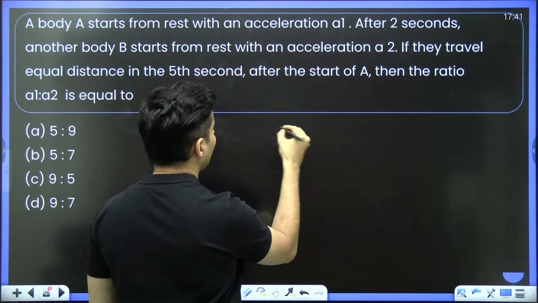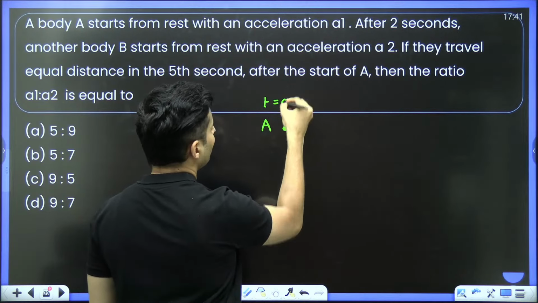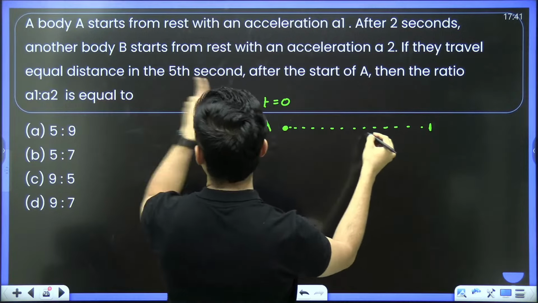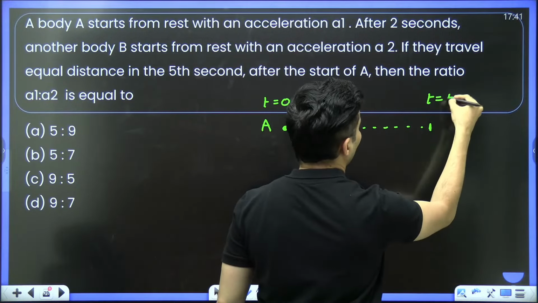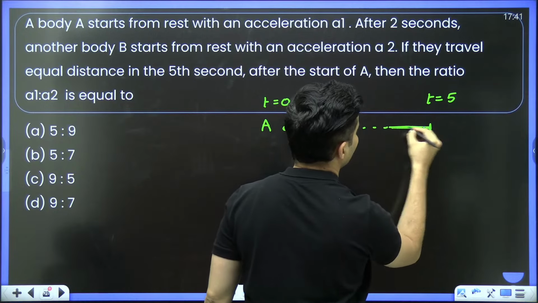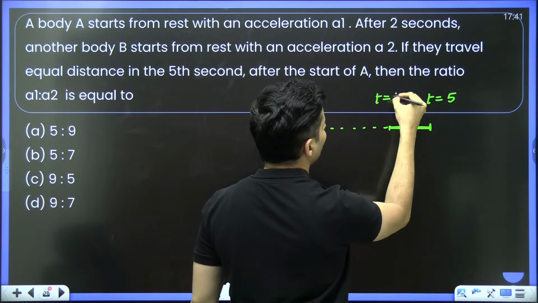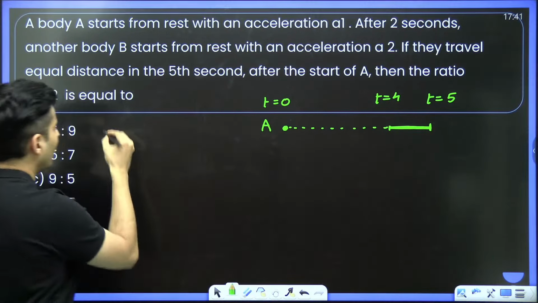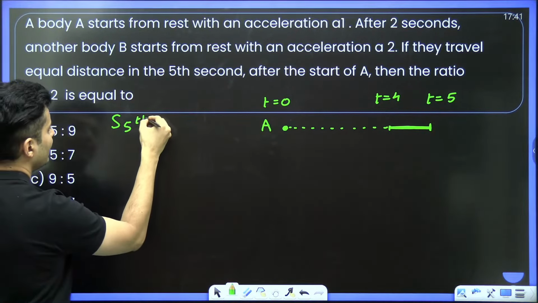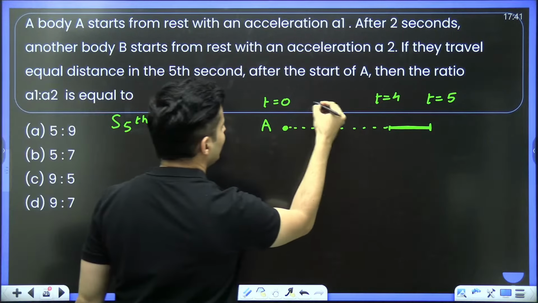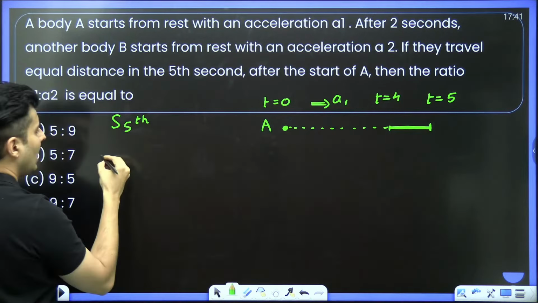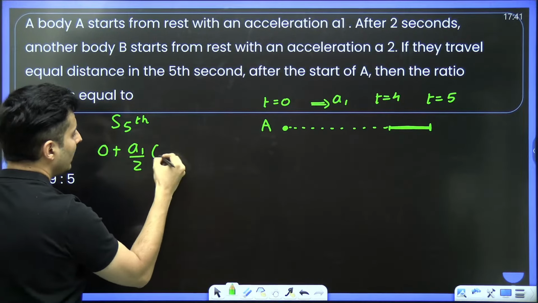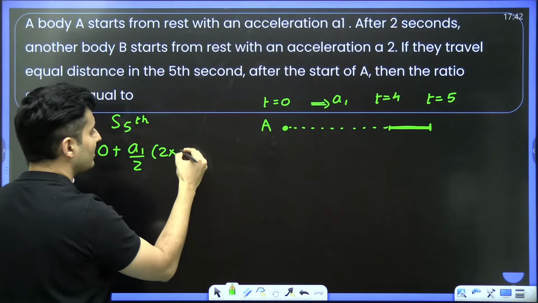When body number A starts, basically at t is equal to 0, it moves, and the question is in the 5th second. So this is t is equal to 5. So the 5th second is basically this second, from t is equal to 4 to t is equal to 5. If I had to write the displacement in the 5th second for body number A, which is accelerating with a1, I will say it is u plus a by 2 into 2n minus 1, where n over here is 5.